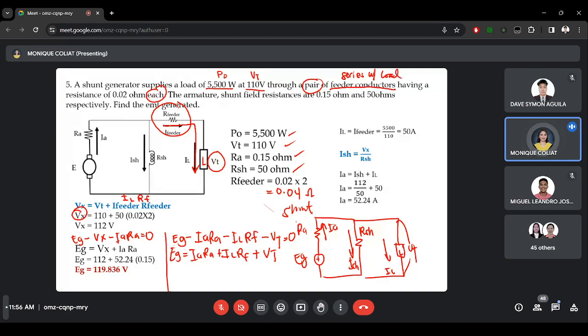So the field current of a 180 kilowatts, 250 volts DC shunt generator is 6 ampere when running full load at rated terminal voltage. If the combined armature and brush resistance is 0.02 ohm, solve for the electrical efficiency of the generator. So shunt generator daw.